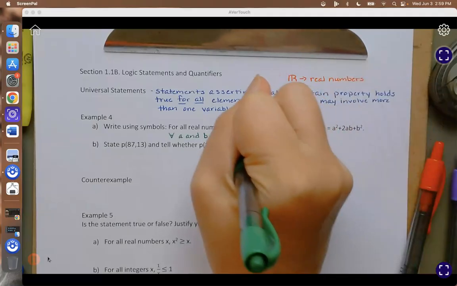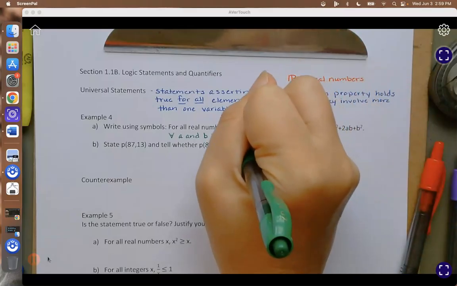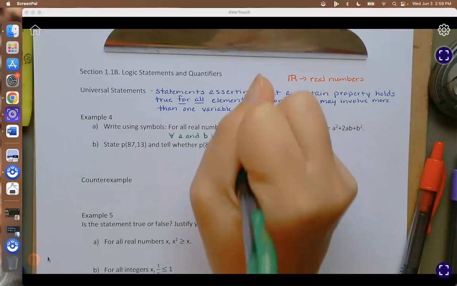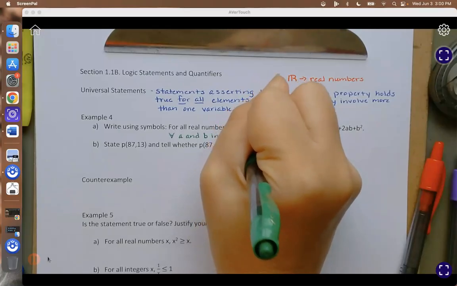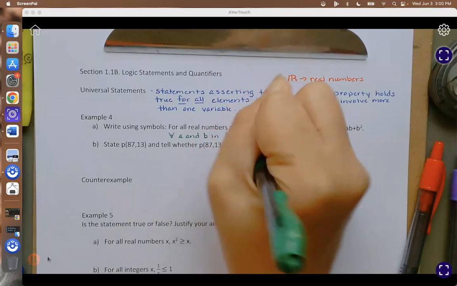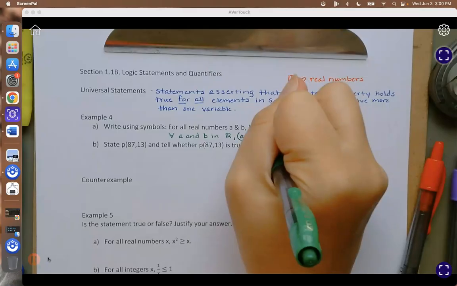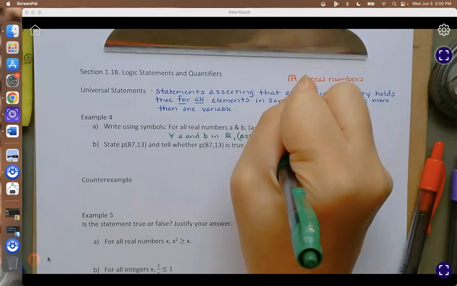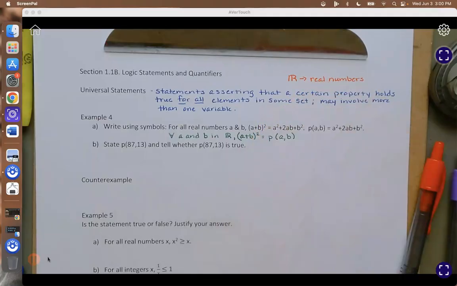So what they're saying is that A plus B squared equals P of A, B. Okay?